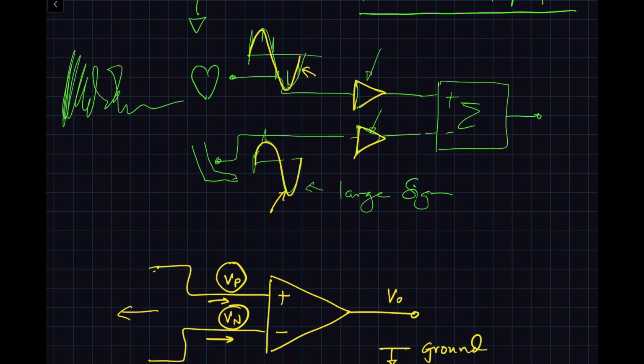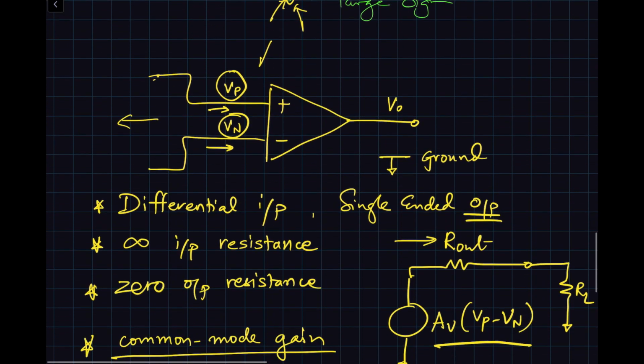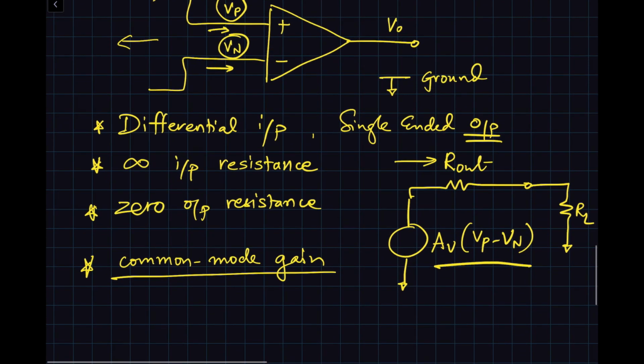Because it wouldn't change much from one place to another place in the body, and we don't want to amplify that signal. So the amplifier should reject any kind of common mode signal which exists on both terminals, Vp as well as Vn. The point is we want zero common mode gain. The common mode gain should be zero, and of course we want infinite differential gain.